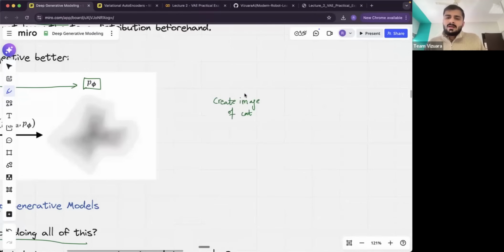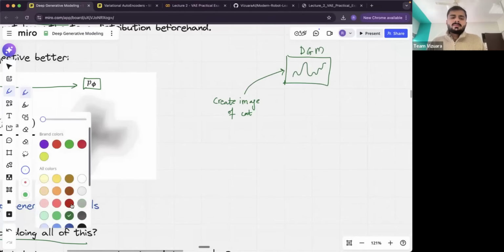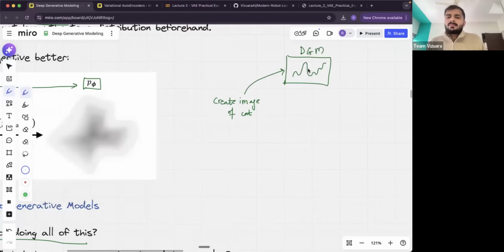What happens is that this request goes to a deep generative model, which probably has a complex probability distribution for cats. And then all you do is pick a sample from that probability distribution and generate an image.